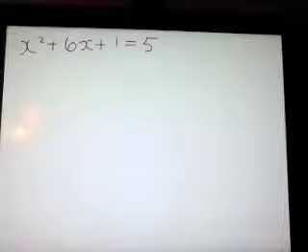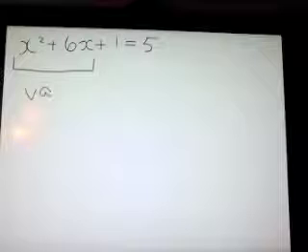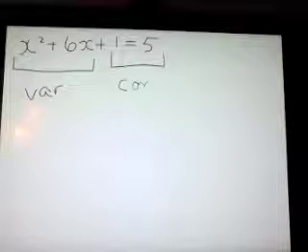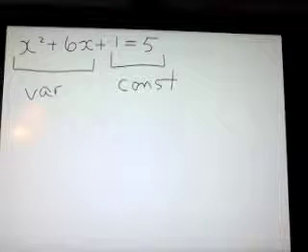As far as completing the square, the idea behind it is you want the left side to be a perfect square. So what we're going to do is isolate our constant terms and our variables, meaning you want the variables on the left-hand side and your constant terms on the right-hand side.